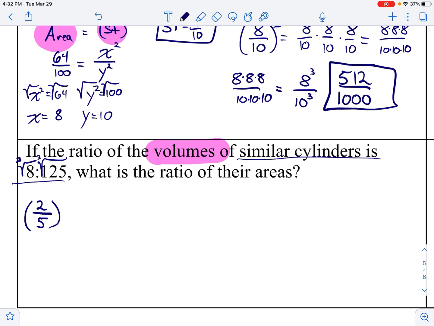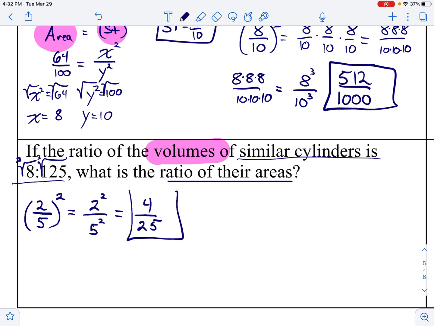Well, that's my scale factor then. If I want to find the ratio of their areas, I'm just going to take that scale factor and square it, which is going to be the same thing as my top squared over my bottom squared, which is going to be 4 over 25. So there we have it.